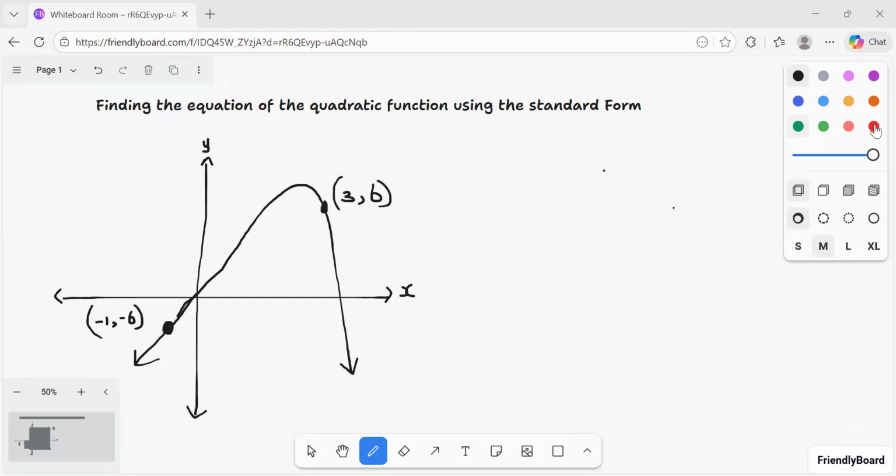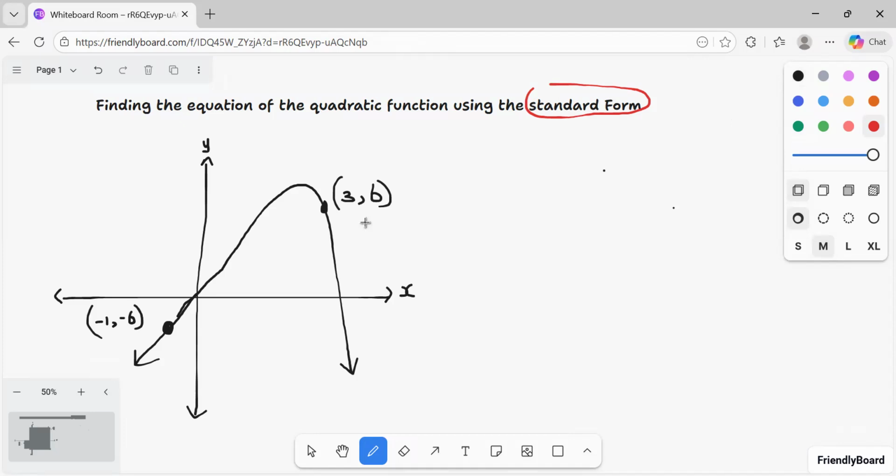Okay, so we are going to find the equation of the quadratic function using the standard form. It is possible to find the equation of the graph of a quadratic function if 2 points are given.